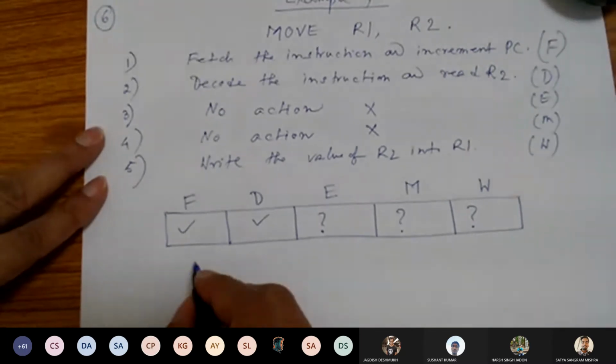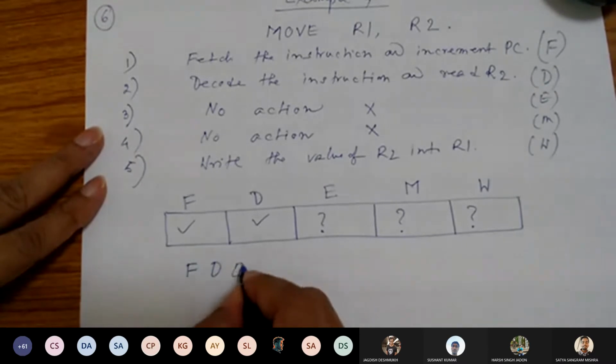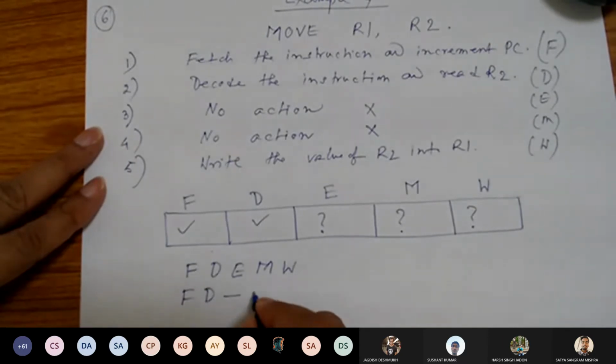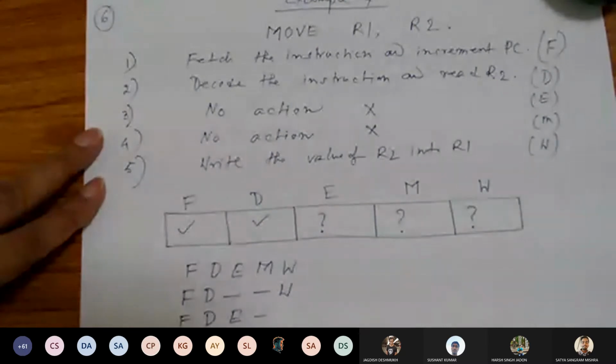So if I write down the categories, it will be something like that: F, D, E, M, W. We may also have F, D, blank, blank, W. We may have F, D, E, blank, W. We may have F, D, E, M, blank.